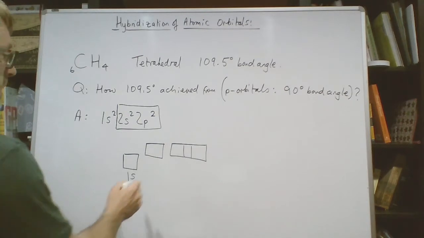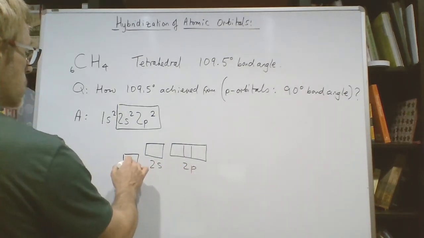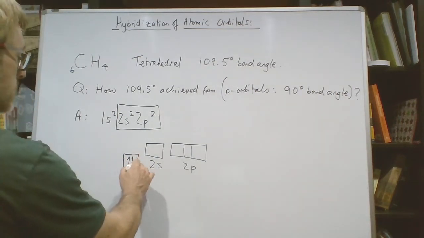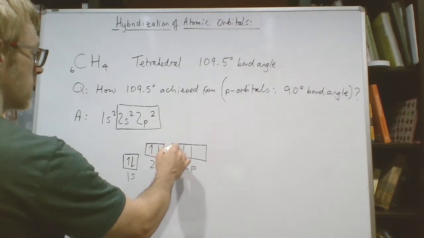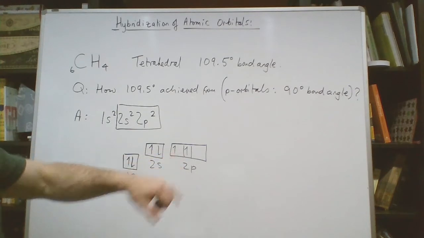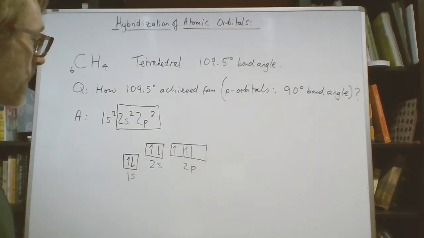We could fill the electrons in here using Hund's first rule and the Pauli exclusion principle. So here we've filled the electrons into the orbitals.